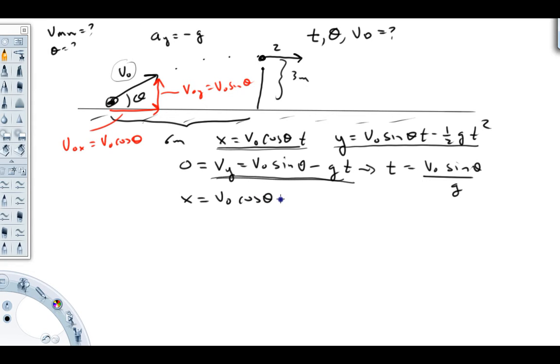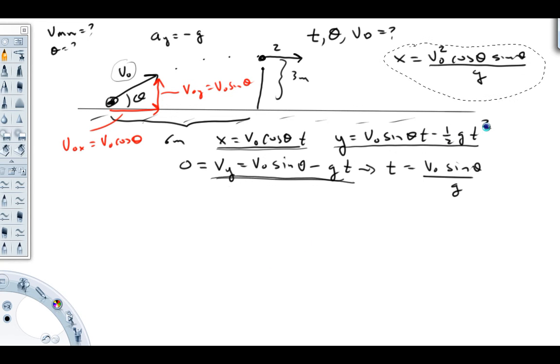Keep in mind that t is v sub o sine theta over g. So that's basically going to square that, put a sine theta here, and a g in the bottom. All right. Now, I'm going to take this equation here and just store it. In fact, let me move it off to the side here, up here, put it in storage, so to speak.